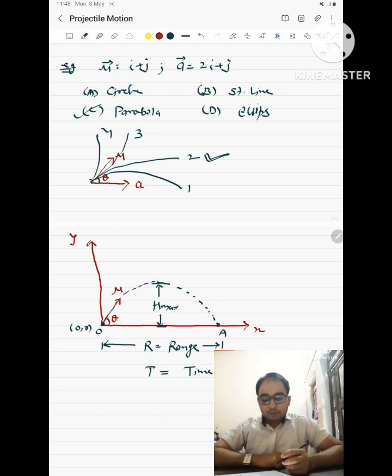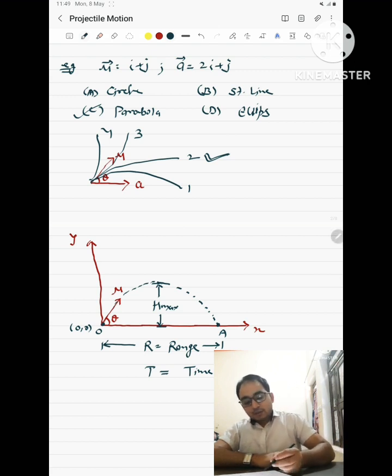So we will calculate these three things for a projectile motion: range of the projectile, maximum height gained by the particle, and total time of flight.